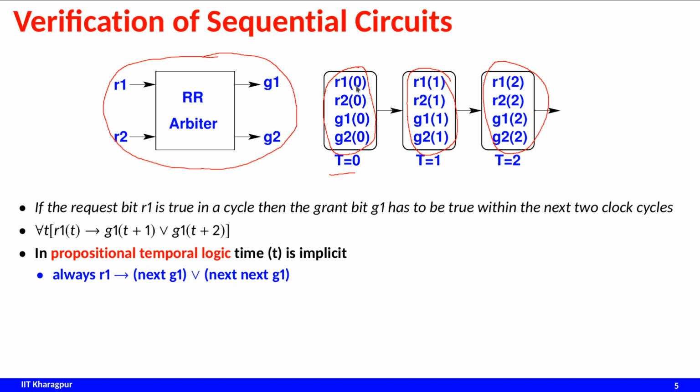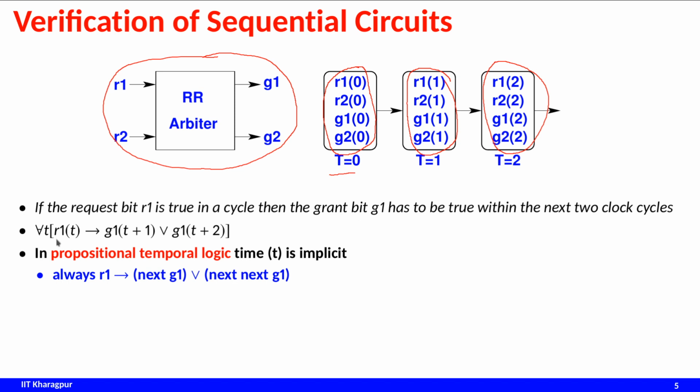So every time I have an R1 value: this is R1 at 0, this is R1 at 1. So I have a set of variables for each individual variable in the original circuit, and now we can specify the properties using this set of variables that span across time.